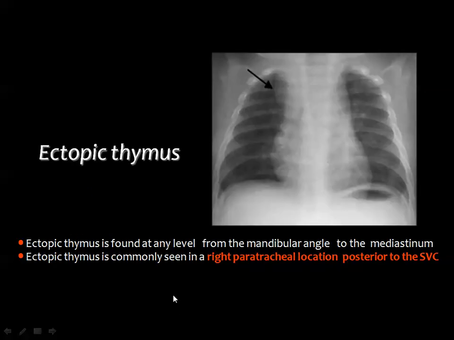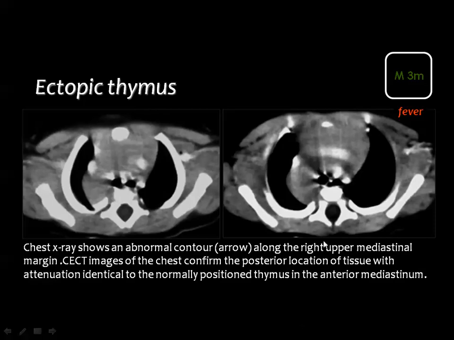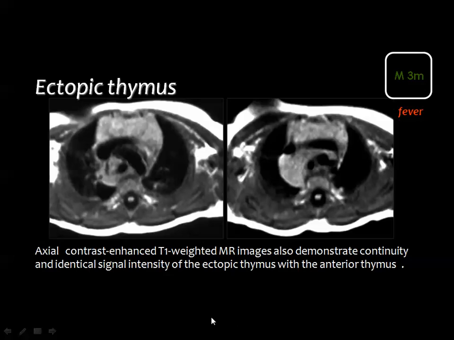And ectopic thymus is thymic tissue which is not present in the anterior mediastinum but usually located in the right paratracheal area posterior to the superior vena cava. The clue for this lesion to be related to the thymus is its exact similar CT density to the original thymic tissue before contrast, after contrast, and also in MRI in the T1 and T2 and post-gadolinium.